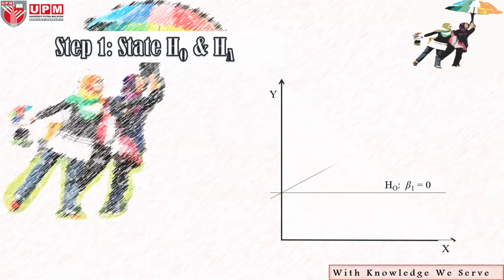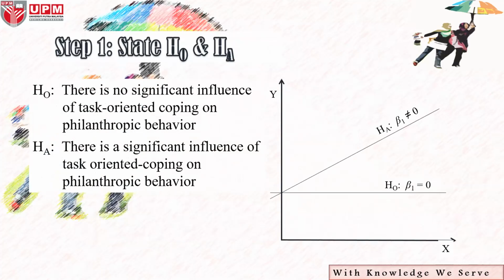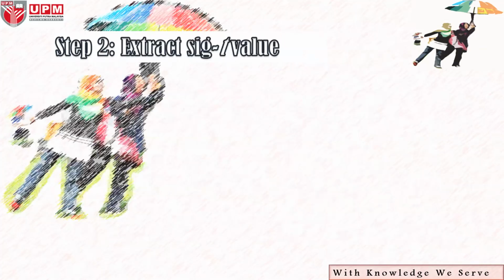Make sure you state your research and null hypotheses for the individual contribution. For example, the null hypothesis for task-oriented coping: there is no significant influence of task-oriented coping on philanthropic behavior, and our research hypothesis: there is a significant influence of task-oriented coping on philanthropic behavior. Now we extract the T and significant T values.